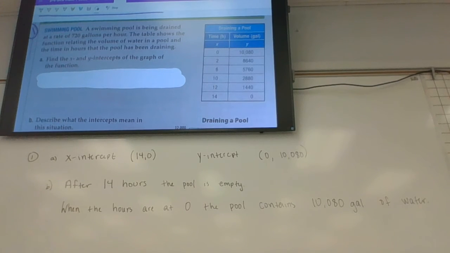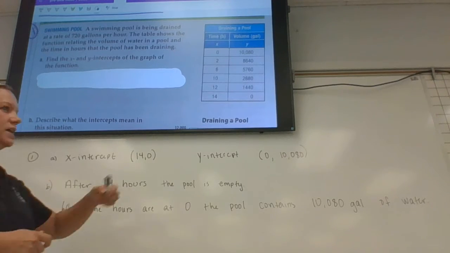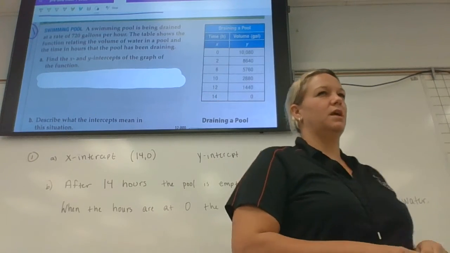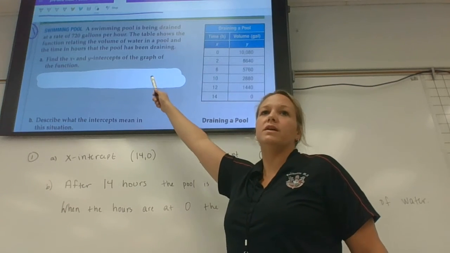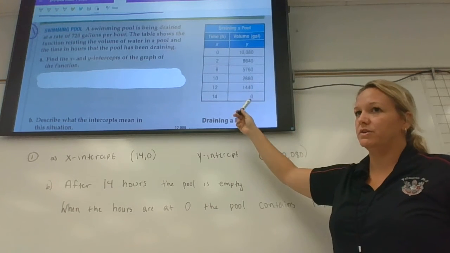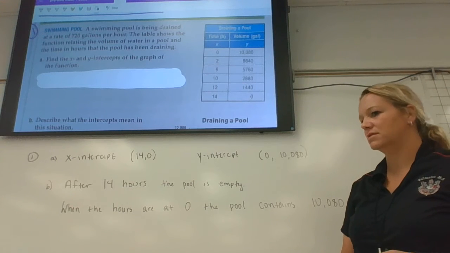We haven't talked about the rate. Today's lesson is about rate. So a swimming pool is being drained at a rate of 720 gallons per hour. Is that rate proven in this table anywhere? Where's this 720 coming from? And is that rate shown in the table anywhere?